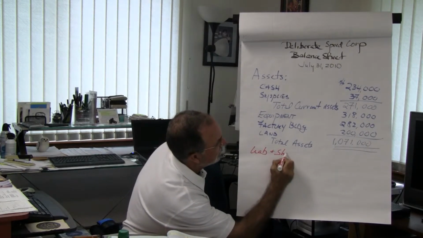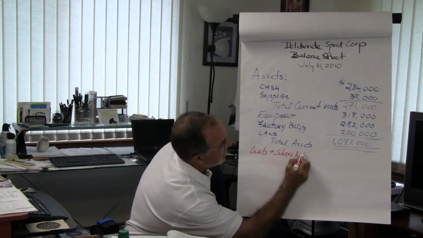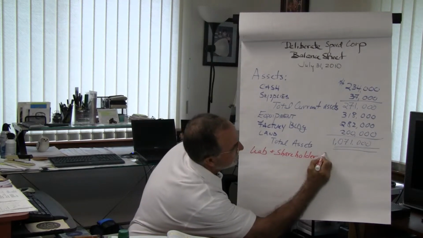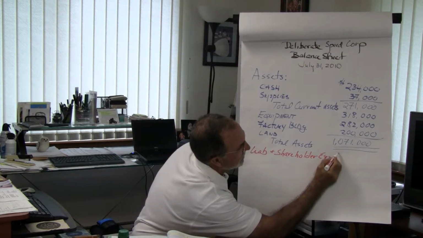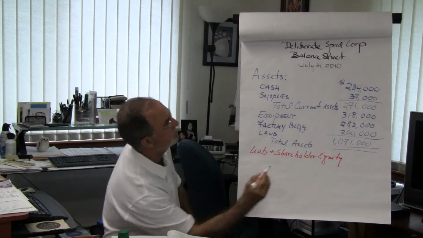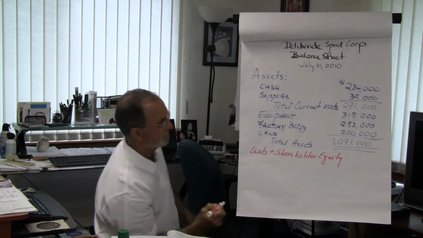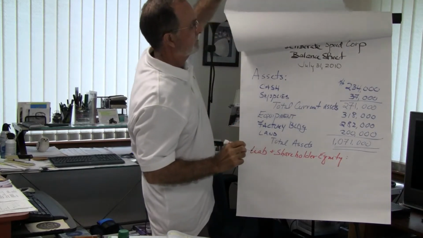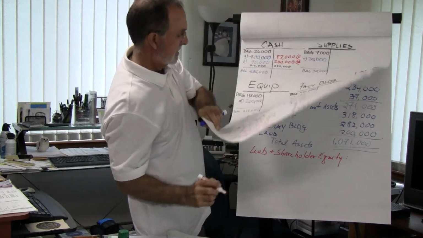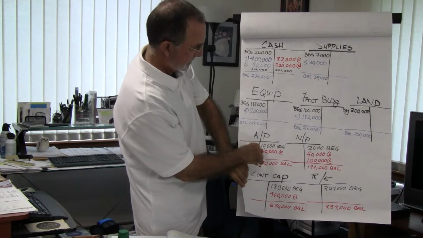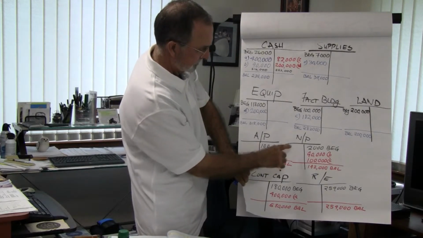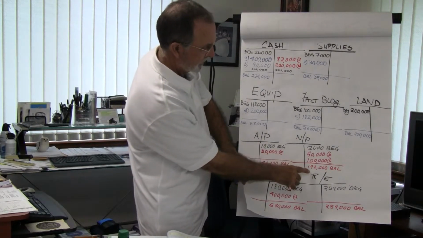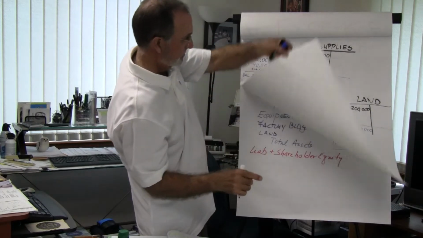And shareholder equity. We have two liabilities: accounts payable at $40,000, notes payable at $192,000.